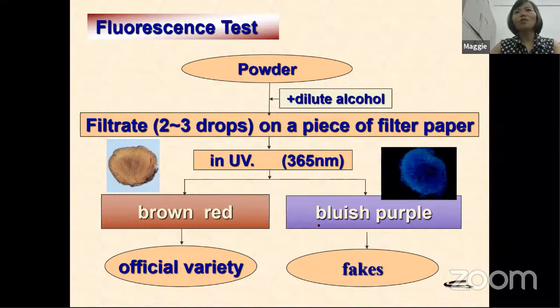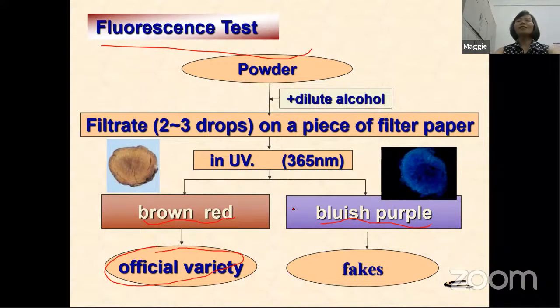If it shows bluish purple, it indicates it's fake. The color is different: the official variety shows brown-red, but fake shows bluish purple. So this crude drug can be identified by fluorescence test.